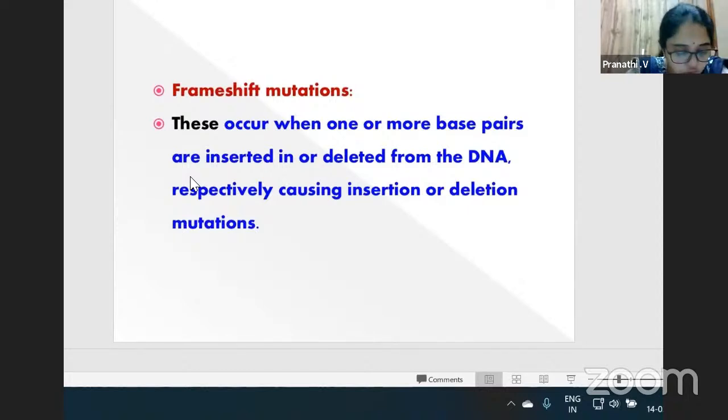Insertion of a single nucleotide gets added, because of which the sequence changes and a different protein product altogether comes off. In case a deletion of a nucleotide occurs, again the reading frame will shift, because of which an undesired or different protein product comes out. So this is taking place.